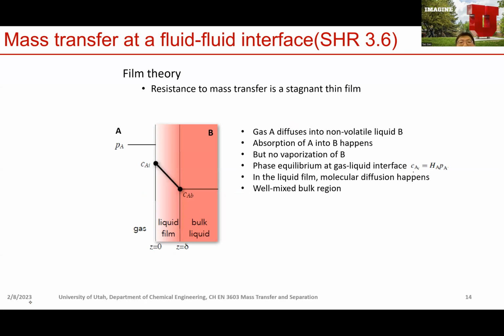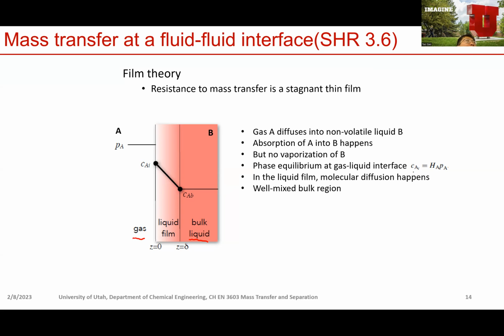So in the case we have two fluids in contact with each other, right? These two fluids can be two immiscible liquids, water and oil, or it can be one gas phase and one liquid phase, right? In this example, in this plot we have a gas phase that is in contact with a liquid phase.